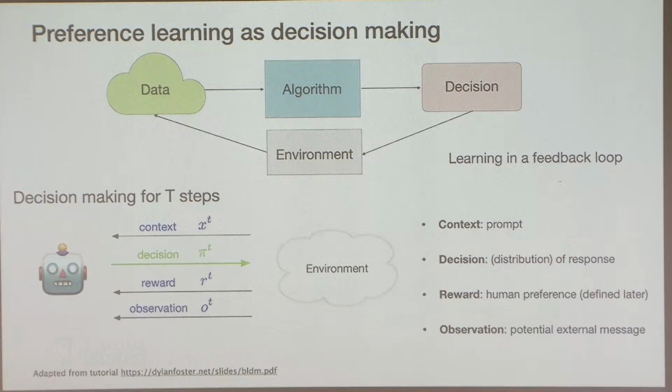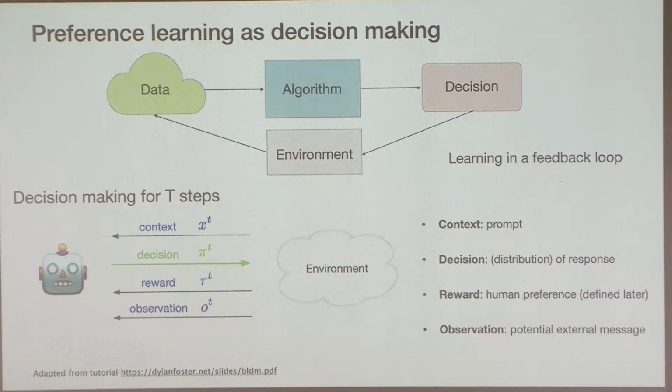To be more specific, for a decision-making problem with capital T time steps, at each time step, the decision maker on the left-hand side will receive some context from the environment and make some decision pi t. The context and the decision will jointly determine the reward signal r_t. The decision maker will also observe some observation o_t from the environment.